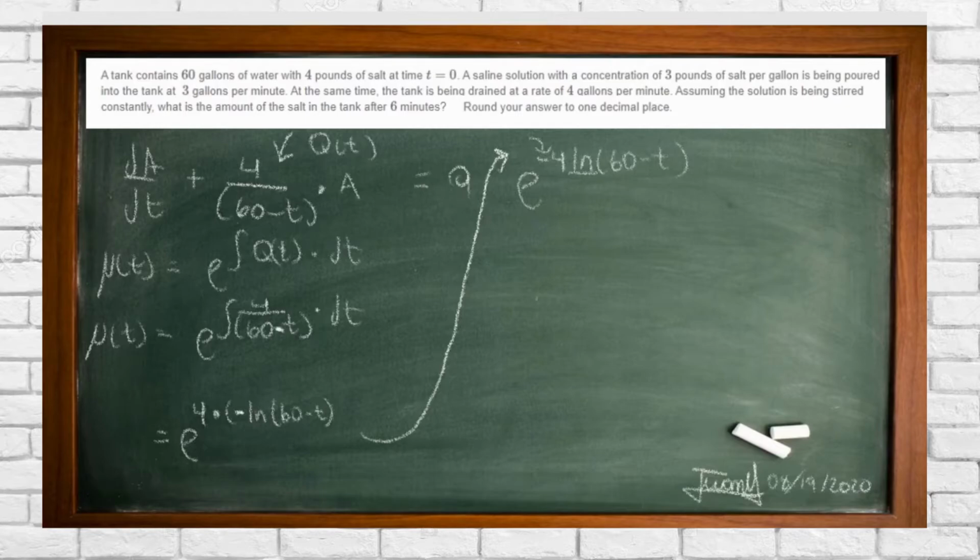So it's going to end up being e to the power of the natural logarithm of 60 minus t to the -4. So this cancels out. Don't forget the equal signs. And we're going to end up with 60 minus t to the -4, or 1 over 60 minus t to the 4th power.